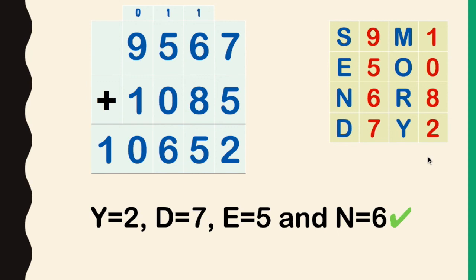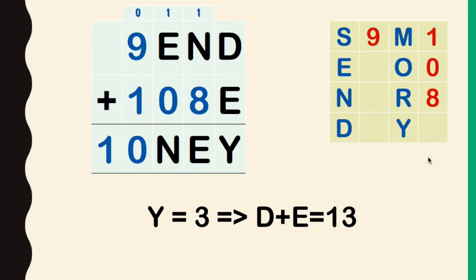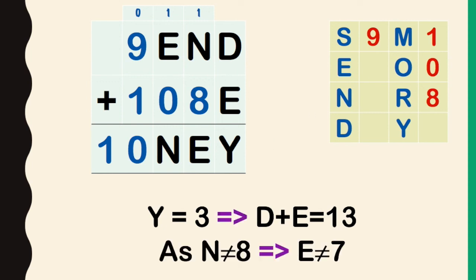But there is still a case remaining. Which case? Remember, Y is equal to 3. Let's see what happens with the case Y is equal to 3. So now we get D plus E is equal to 13. So if Y is 3, D plus E is 13. So what does that mean? Again we know N cannot be equal to 8, which means E cannot be equal to 7.